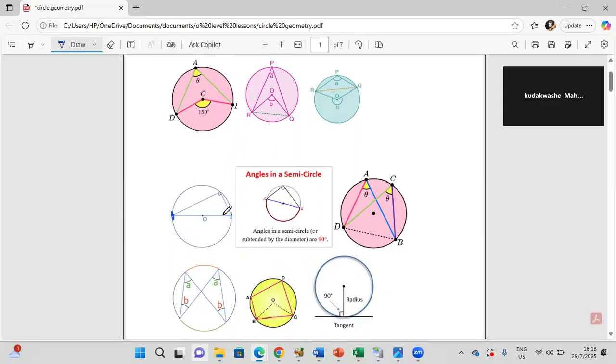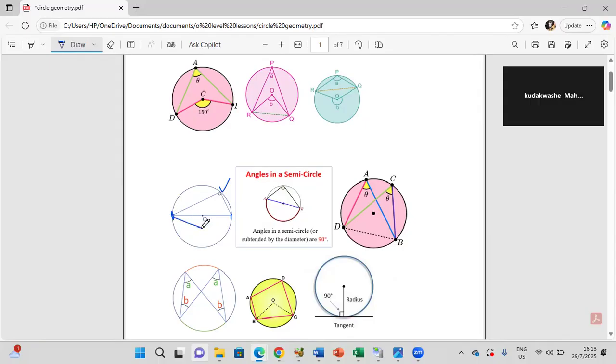If we have a triangle where one of the sides is sitting on the diameter and the other corner is on the circumference, then at the circumference this triangle forms a 90-degree angle.